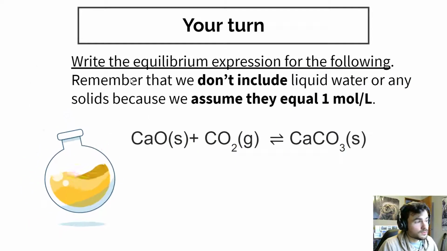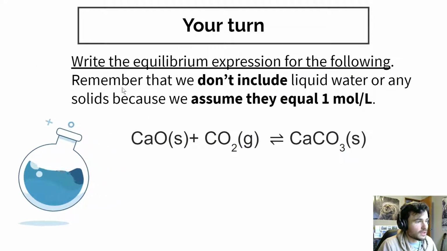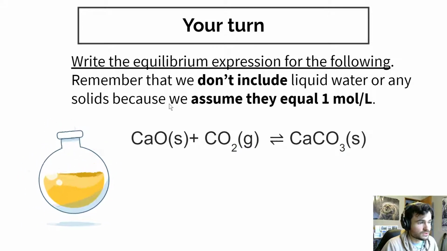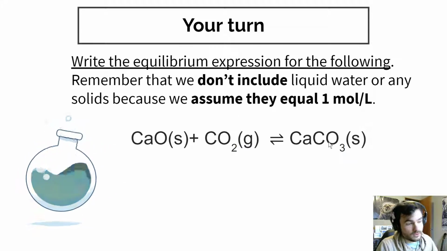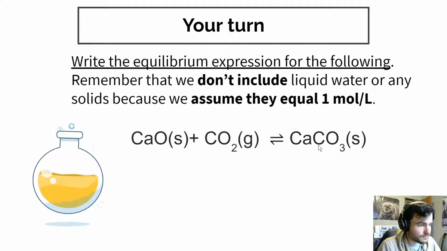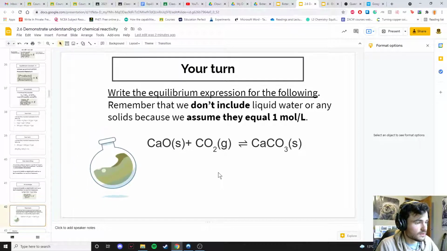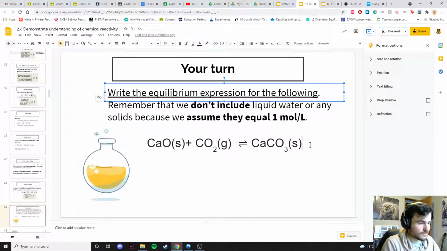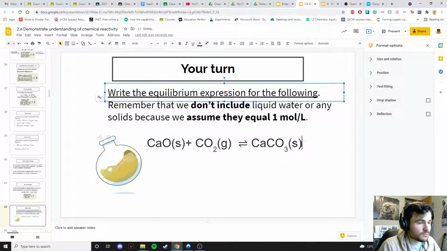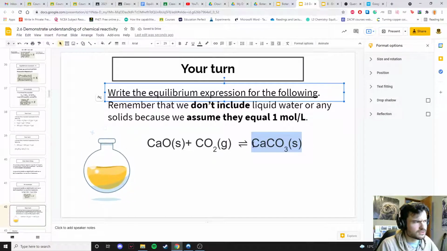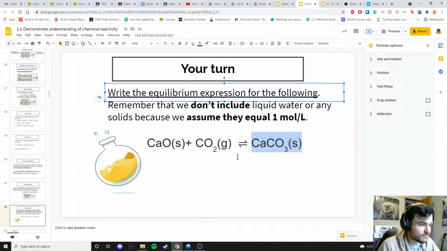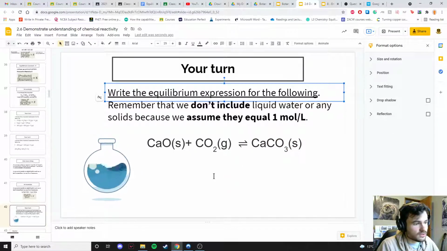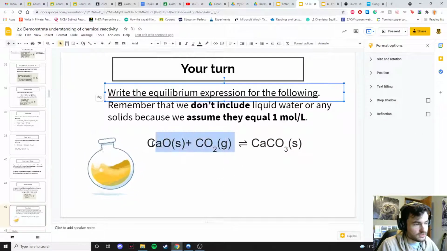We write the equilibrium expressions for the following thing. Remember, we don't include liquids or solids because we assume they equal 1 mole per liter. Okay. Let's try this out. We have our products, but our products are just 1. We don't include them. So it's going to be something over this.